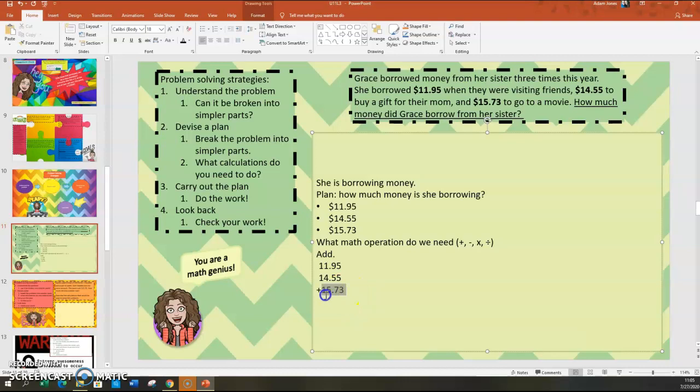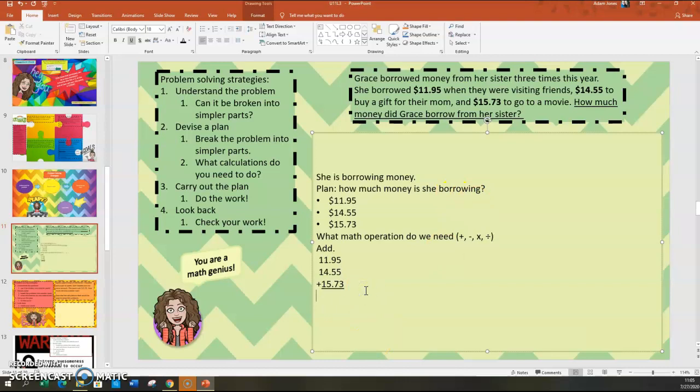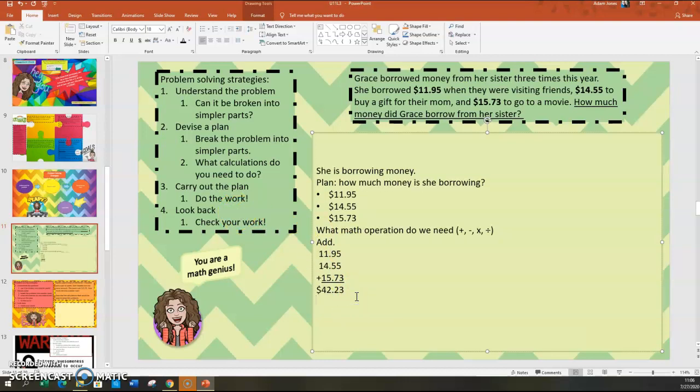And that is going to give us a total of $42.23. And you guys, I always urge you to check my math, because my math by no means is perfect. I always make mistakes, and so because I make mistakes, I always do number 4. I look back and I check my work.